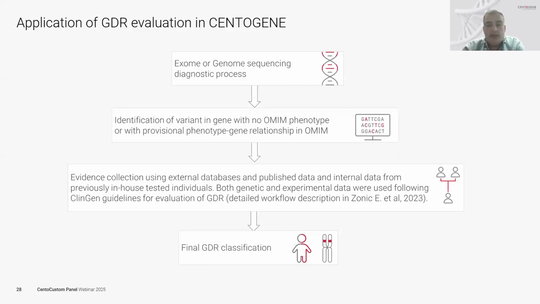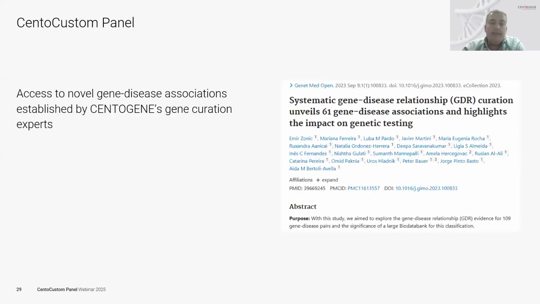Every time we come up with a variant in a gene, either to select genes for panel design, or when we come up with a variant in a specific gene in an exome or a genome that has not been evaluated, or was evaluated a long time ago, or is new. We also use our internal biodata bank with cases that have variants in that specific gene to complement the assessment of published cases and other reports that we may find in the literature.